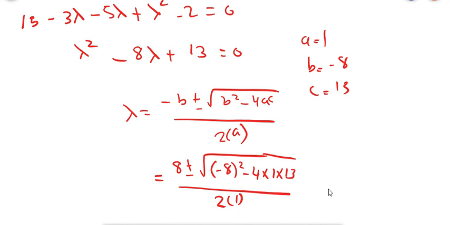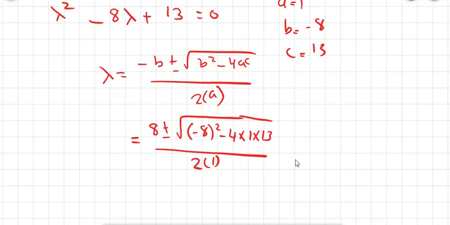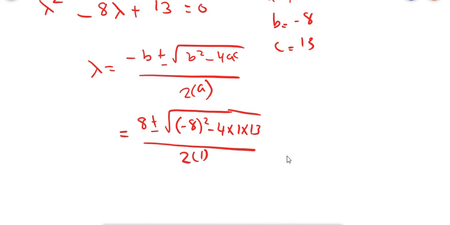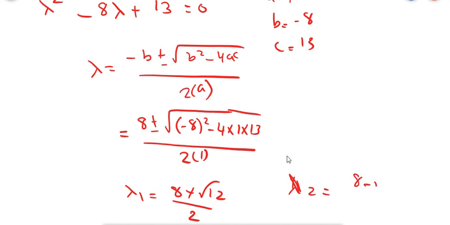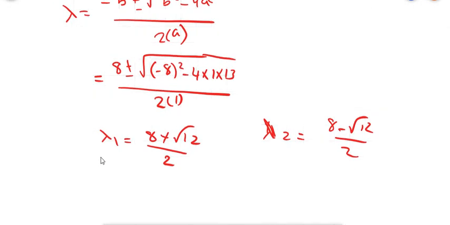Okay, so here the first value, lambda 1, is equal to 8 plus square root of 12 over 2, and lambda 2 is equal to 8 minus square root of 12 over 2. You have to find the final answer by using a calculator.